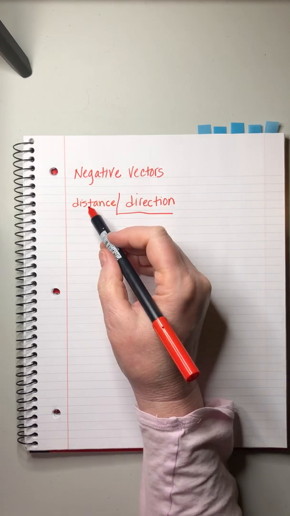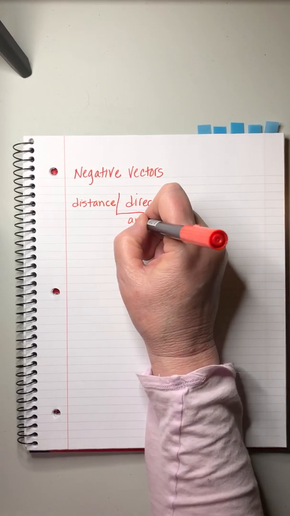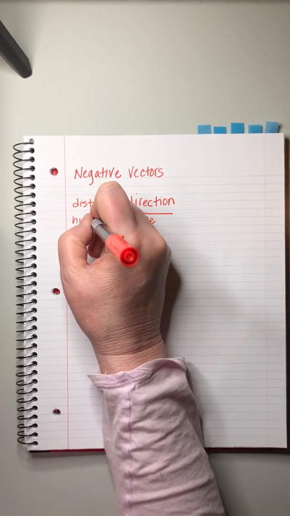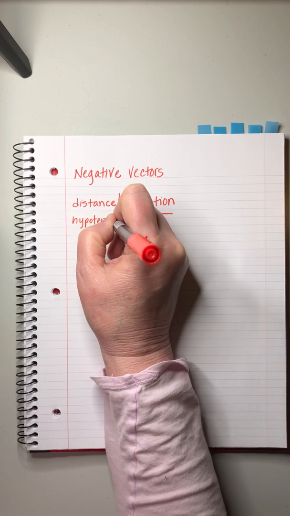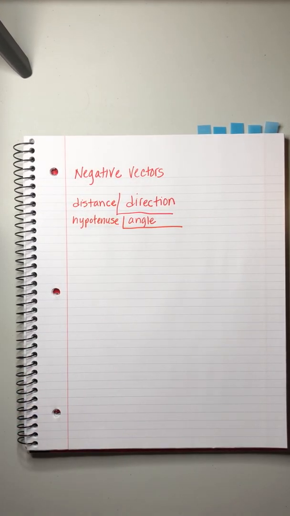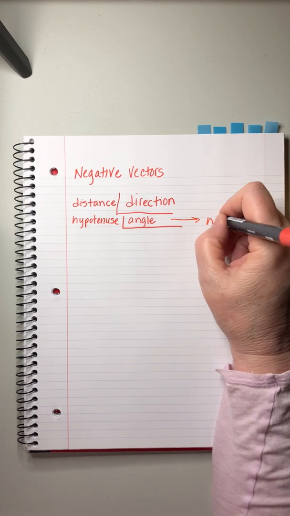Okay, this is the distance. This is the direction. This measures the angle, and this measures the hypotenuse, right? We can put it in this format too, if that makes it easier to remember. And we've talked about negative angles, right?